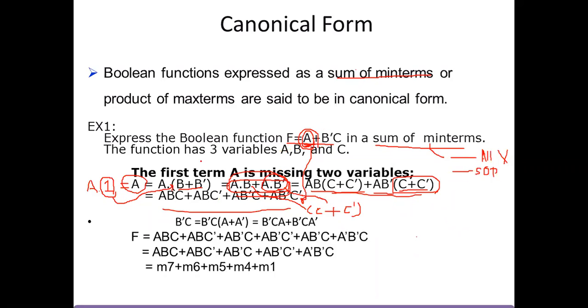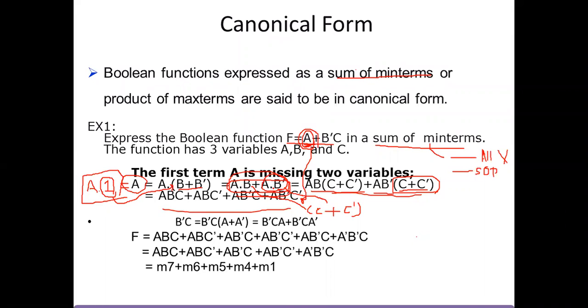So how can we include that? We consider this truth, A and 1 equals A, so because of that, we can include, instead of 1, B plus B dash. Okay. So we can include B plus B dash here and then expand like this: A dot B plus A dot B dash.